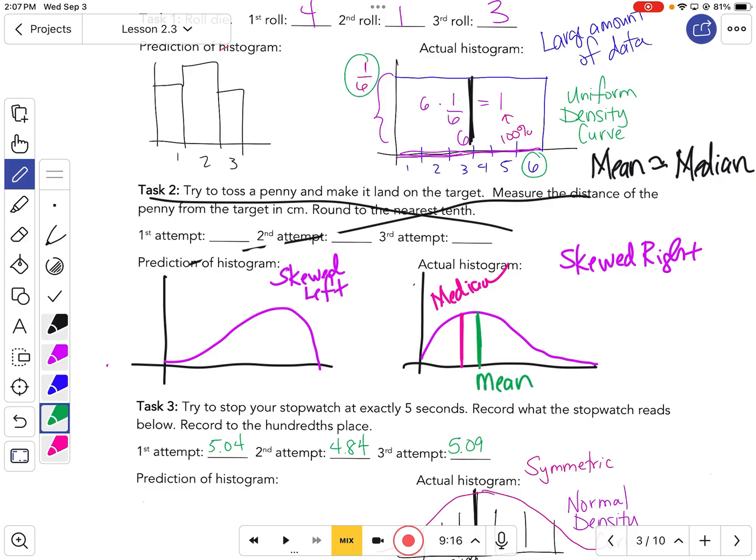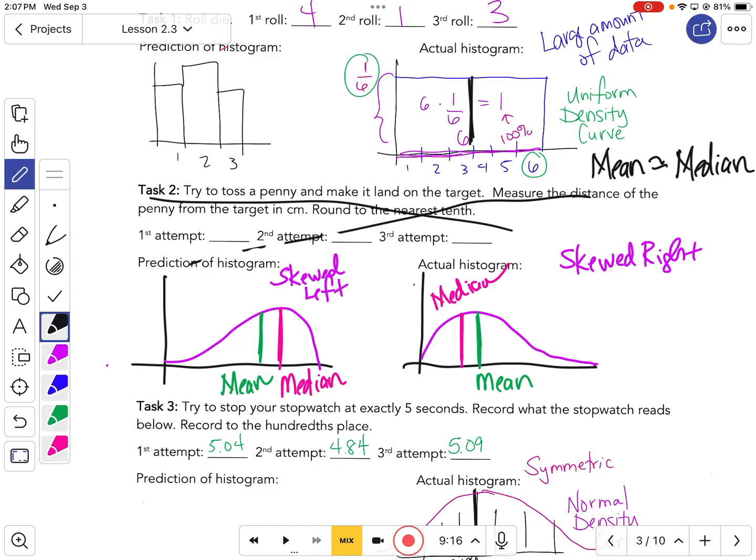All right, when I'm skewed to the right, median is first, so you're going to hit your median, then you're going to hit your mean. If we reverse it, we're going to hit the mean first if I'm skewed to the left, and then my median.